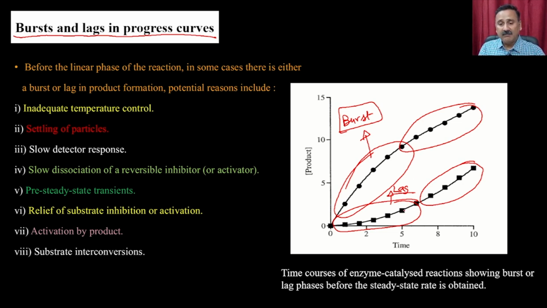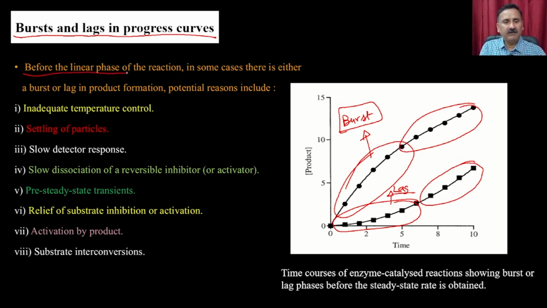So if you are measuring the reactions in the very initial time curve, then you are going to make a mistake, because if it is a burst condition, you are going to do overestimations. And if it is a lag kind of enzyme, you are going to make underestimations.